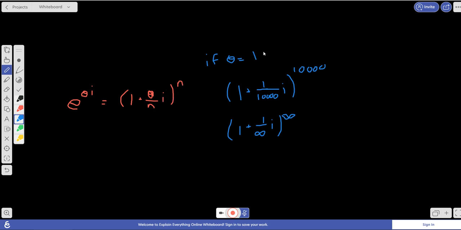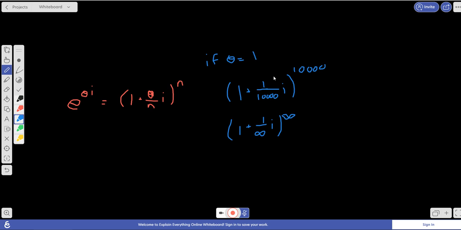So if theta equals 1, right, just a nice easy number. Again, we get to choose whatever we want theta to be. So just for now, we're going to choose 1 because it makes it nice and simple looking. And let's make n some crazy high number like 10,000. So now we have (1 plus 1/10,000th i) to the 10,000th power.